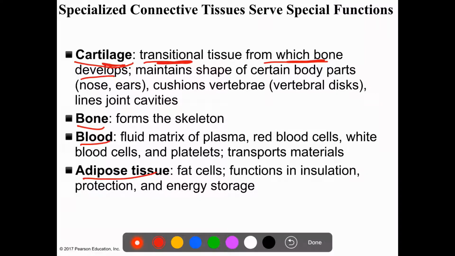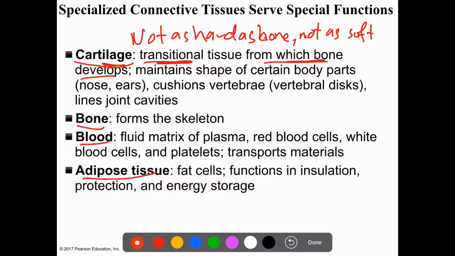So they are not as hard, let me write it, not as hard as bone, but also not as soft as other connective tissue. So somehow it's in between them.